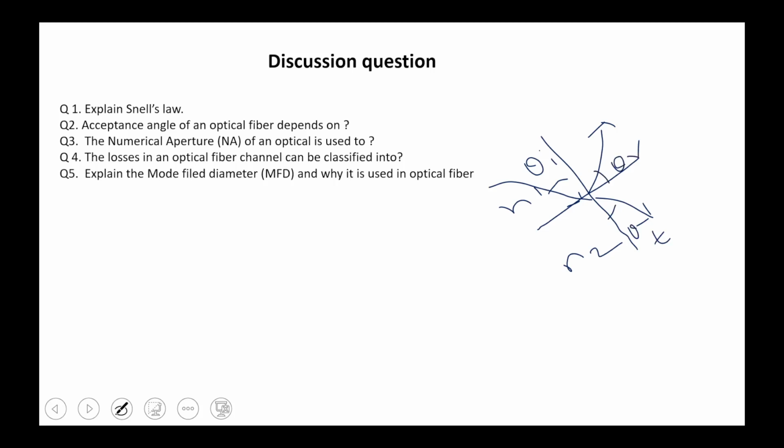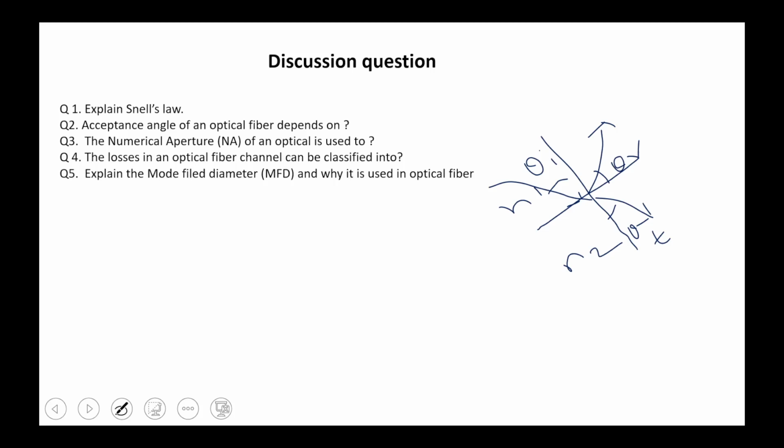So in this case, is Snell's law applicable or not? This is also two media, N1 and N2. Sir, the ray must go from the higher refractive index to the lower refractive index material. So why do we need the refractive index N1 higher than N2?